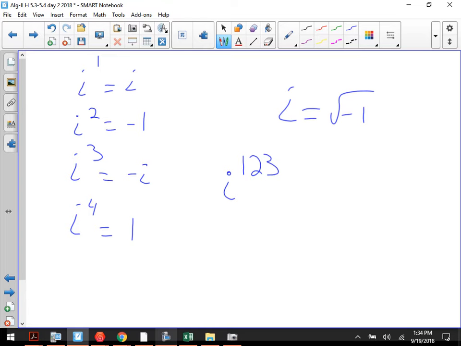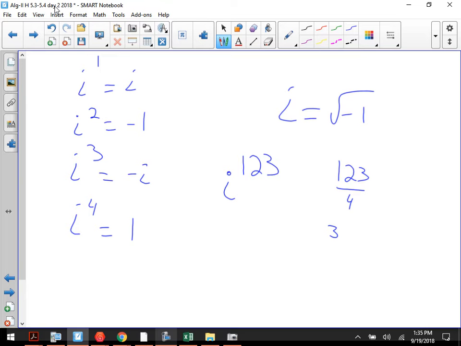If I take 123 divided by 4, remember, you don't have a calculator. You have to remember how to do shortcut math. 4 goes into 12 how many times? 3. Is there any left over?